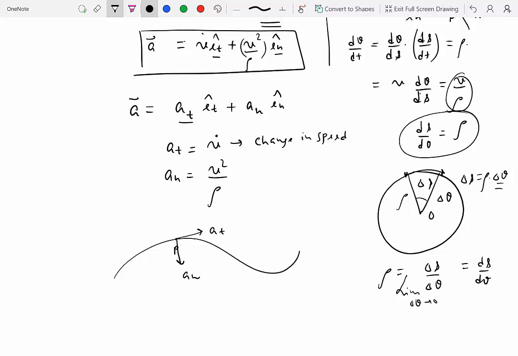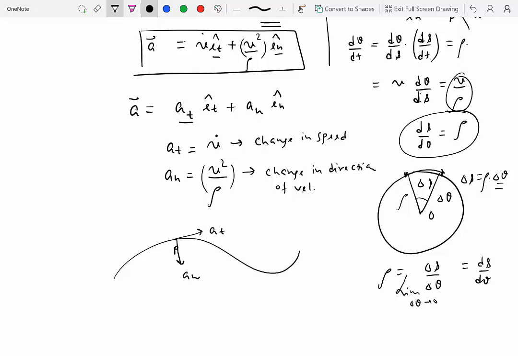And then you have a second component of acceleration, v squared over rho, and that is due to change in direction of velocity. So if the velocity direction is changing, you will have a normal component of acceleration.